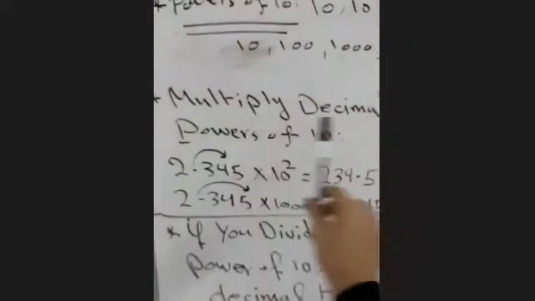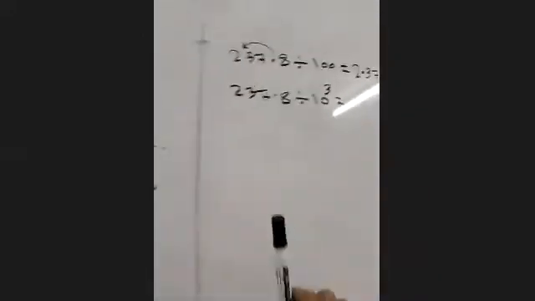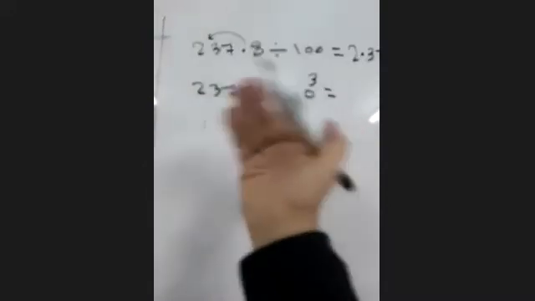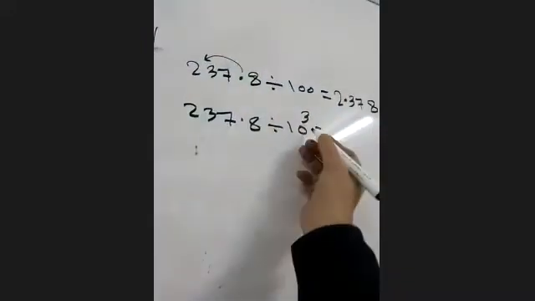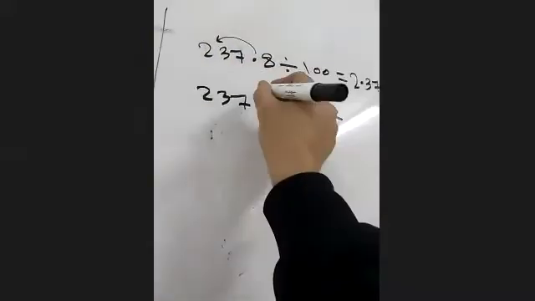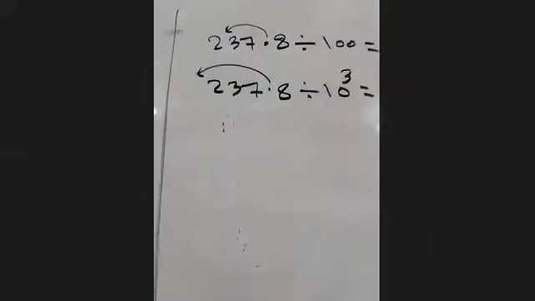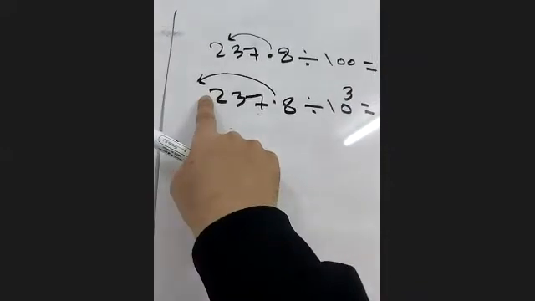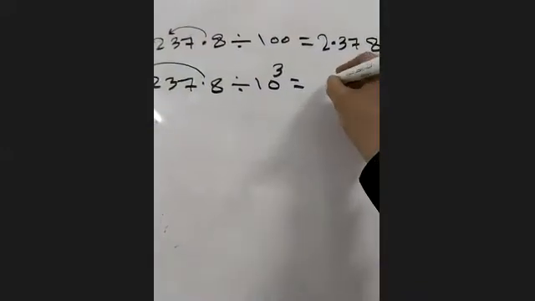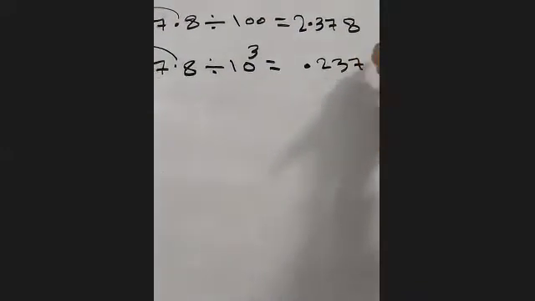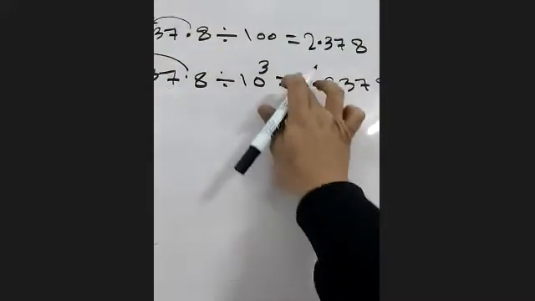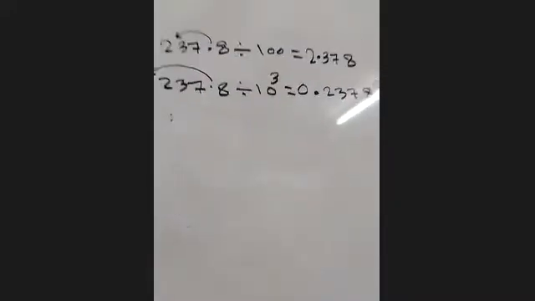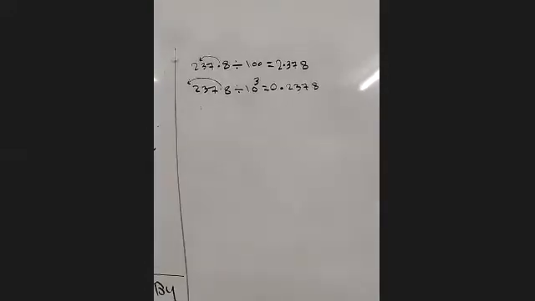We took this in the first semester, but today we are dealing with division, so we always go to the left. As the power here is 3, we go to the left 3 digits. So the decimal will be in front of the 2. So the answer will be 0.2378. Here, an empty place, add 0. If you have an empty place, you add 0.